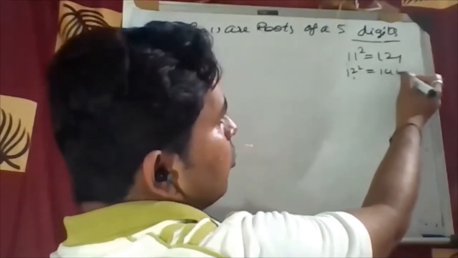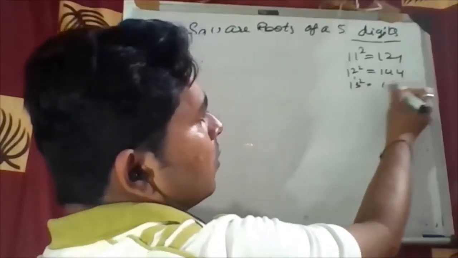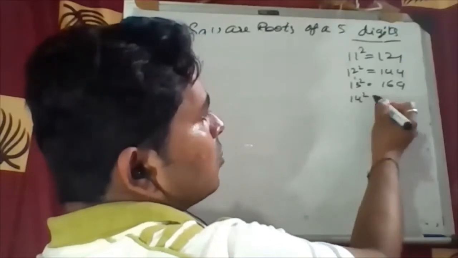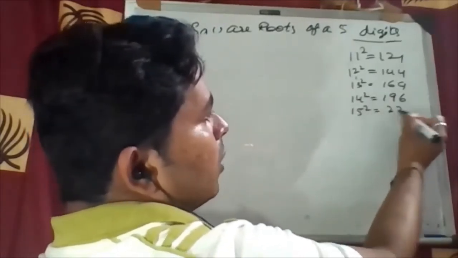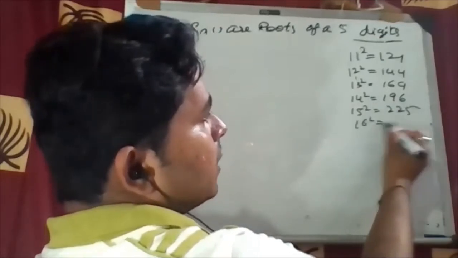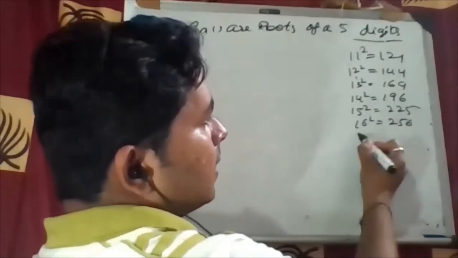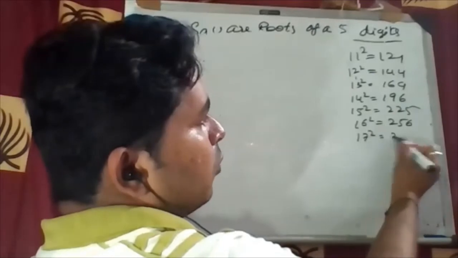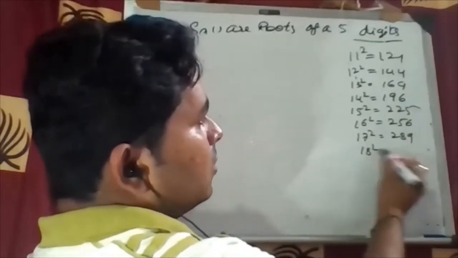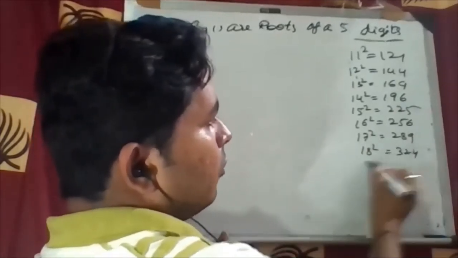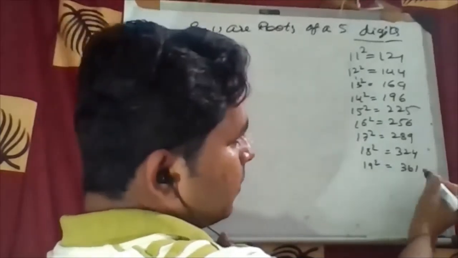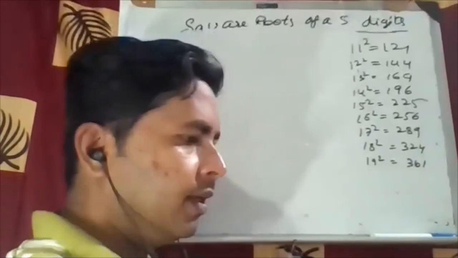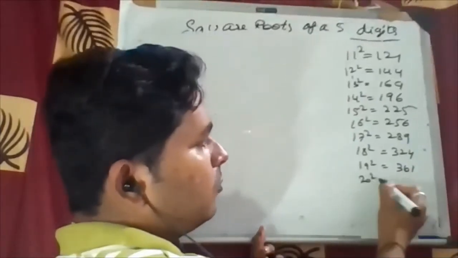12 square is 144, 13 square is 169, 14 square is 196, 15 square is 225, 16 square is 256, 17 square is 289, 18 square is 324, 19 square is 361, and 20 square is 400.